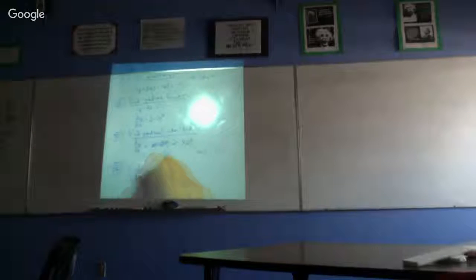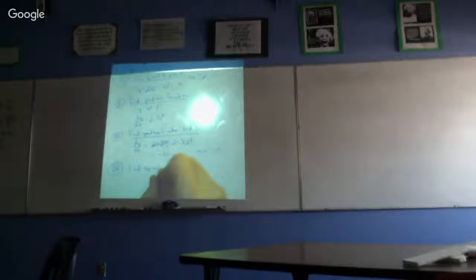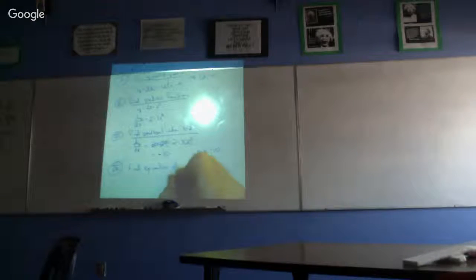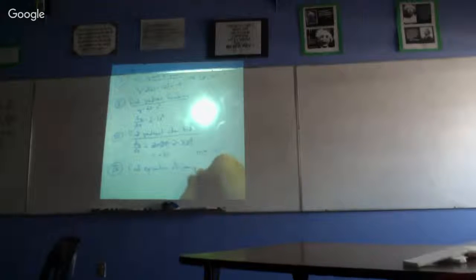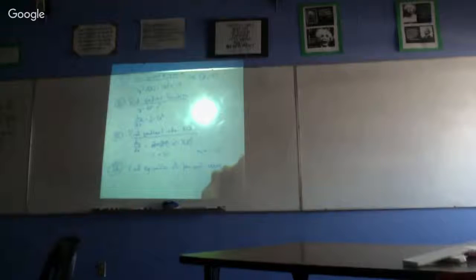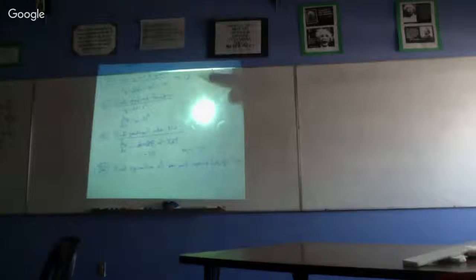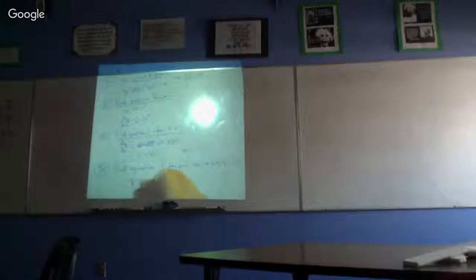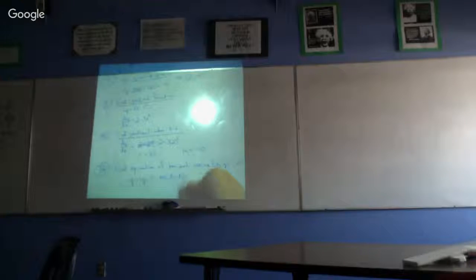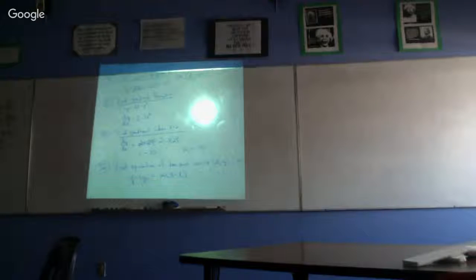So now we find the equation of the tangent using the x and the y and the slope that we just found. If we have a point and a slope, y minus y1 is equal to m times x minus x1. Use your point-slope form.